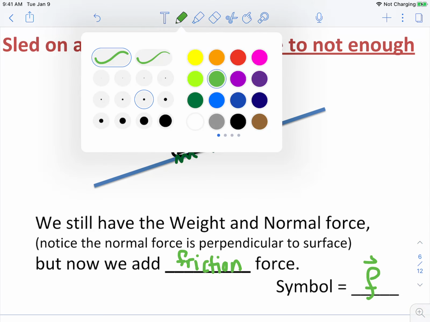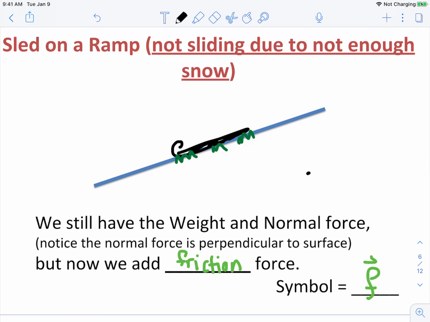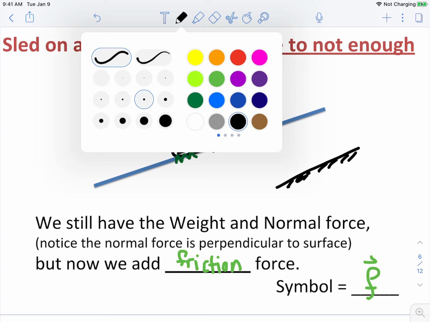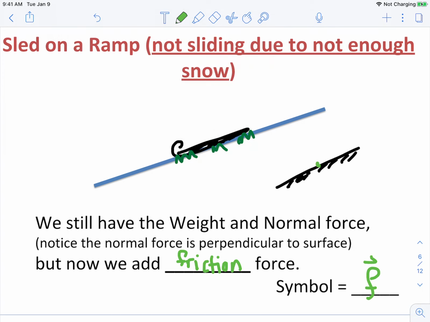If I were to draw the free body diagram with this guy, I would put in my surface, because there's a surface. My sled would like to go down the hill, but friction is keeping it from doing that. So friction is actually pulling the sled up the hill. That's what's keeping the sled from sliding down. So there's my free body diagram with my friction in it.